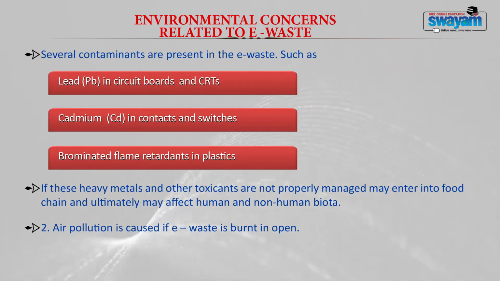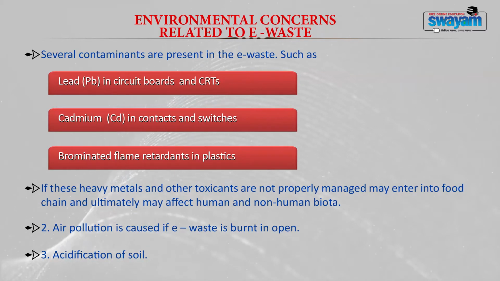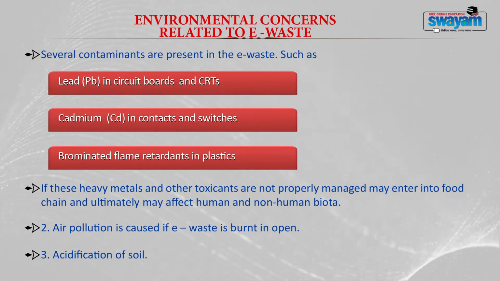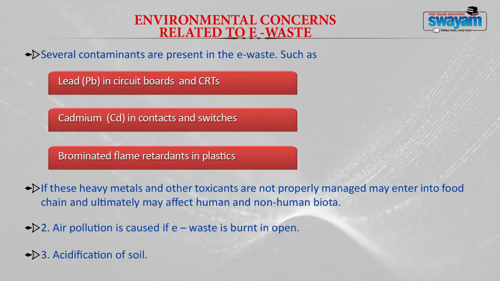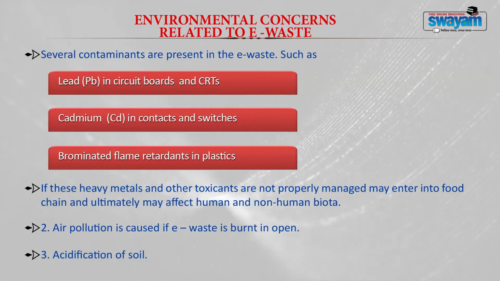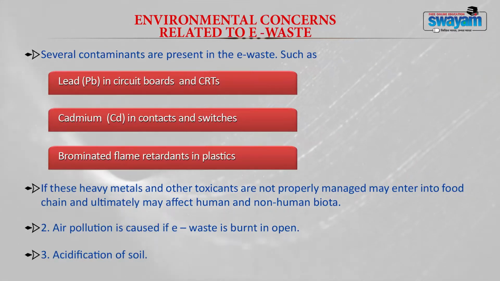It also results in acidification of soil, because e-waste contains acids and heavy metals along with other substances, which when mixed with water release acids. When these enter the soil matrix, they acidify the medium and increase the acid content of the soil.